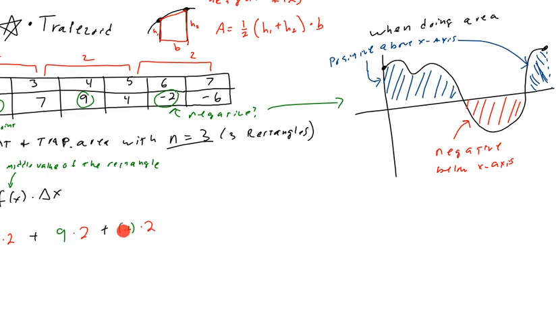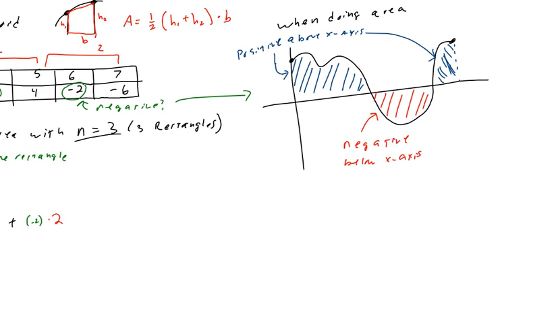This takes away from the amount of area we have accumulated. And if we have more negative than positive, the area is going to end up negative. So be aware: positive you're above, negative you're below.